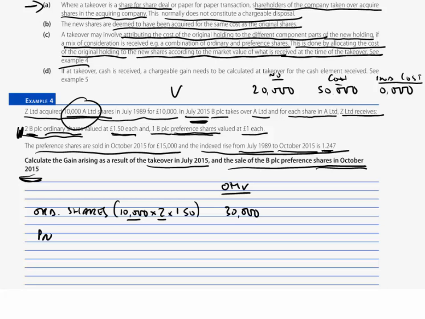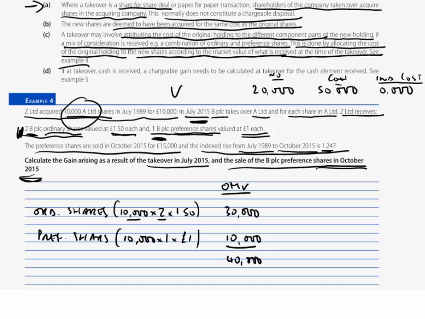Employ exactly the same technique in relation to the preference shares. We had owned 10,000 shares in A Limited, and what do they give us in the way of preference shares? Ever so easy, 1 such preference share for each A Limited share held, and they're valued at £1 each. So 1 share at £1. That therefore very clearly is a market value of £10,000.